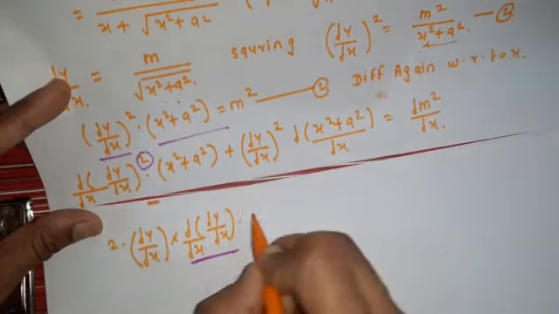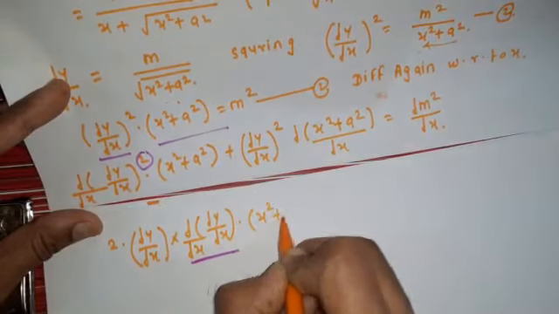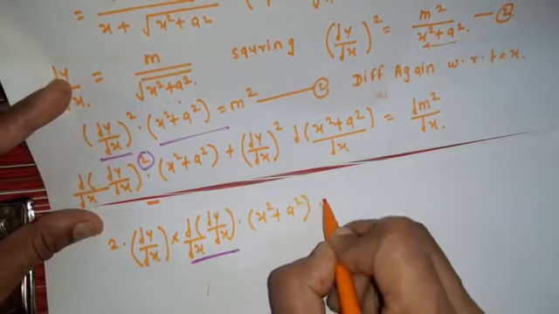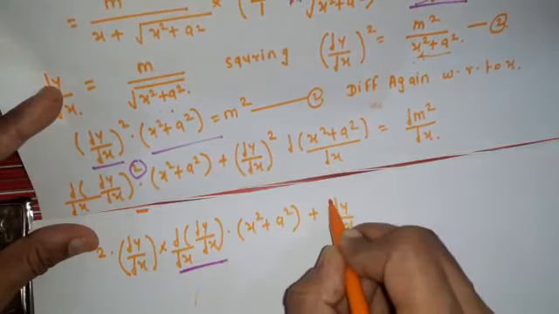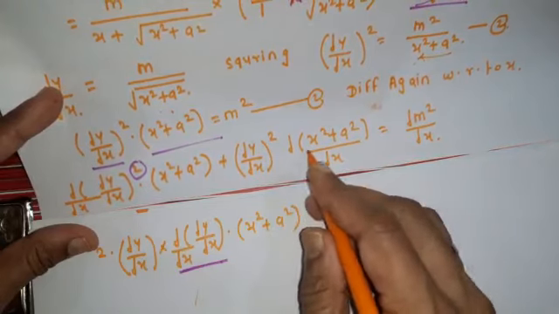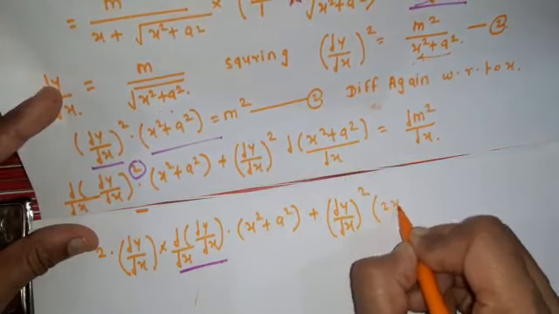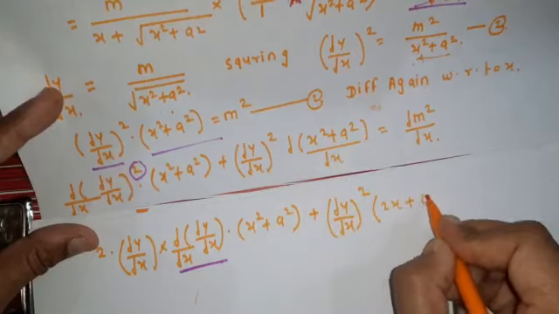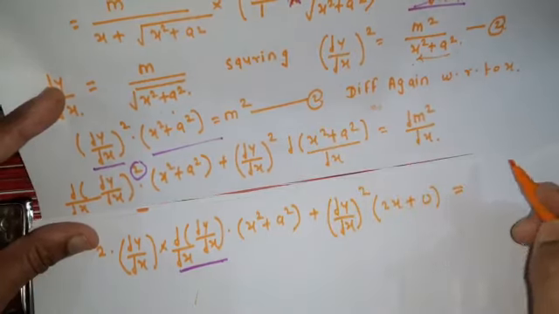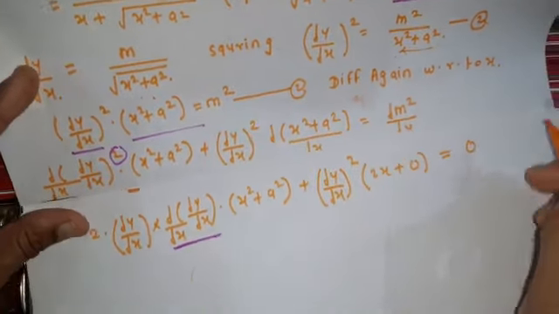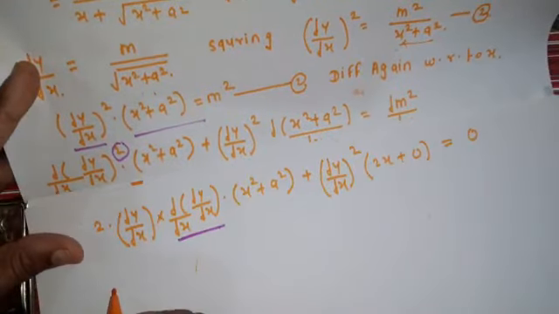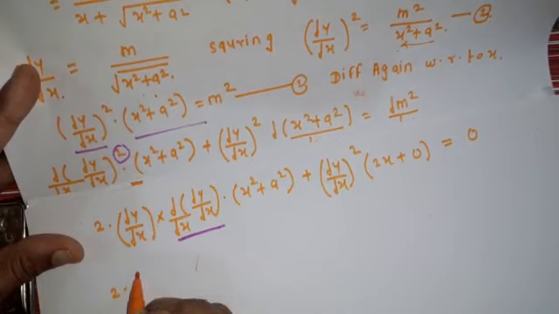Plus, into this x square plus a square is constant, plus dy by dx whole square is a constant, and differentiation of x square is 2x, plus differentiation of a square is 0 because a is a constant number. Differentiation of m square is 0, that is also a constant number, and this is equal to 2 into dy by dx.